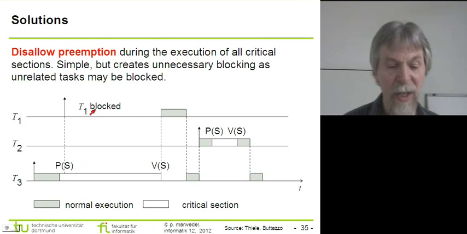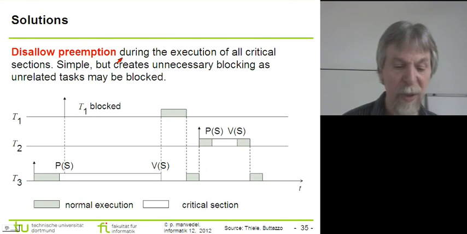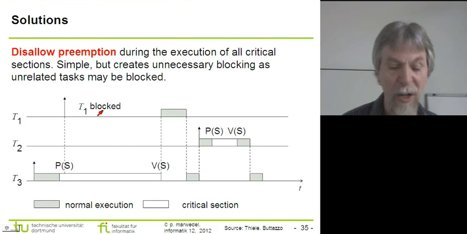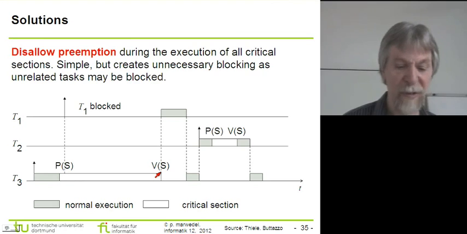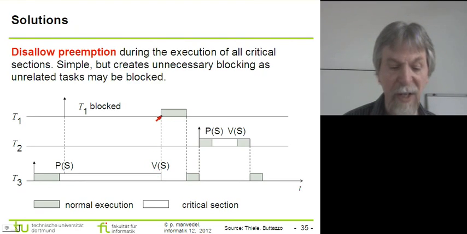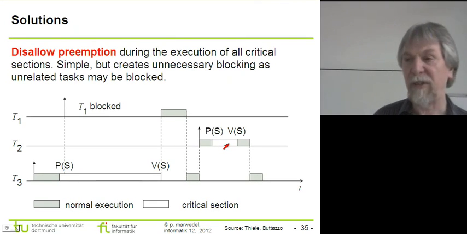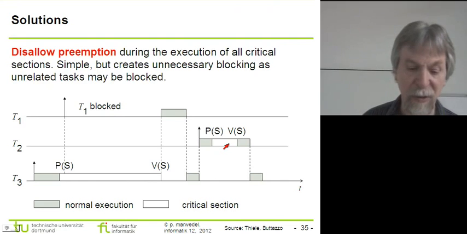But now, if we assume this approach, then T1 would get blocked until finally T3 would release this resource, and only then could T1 continue to execute, and after some time we would also have an access to that common resource from some other task.